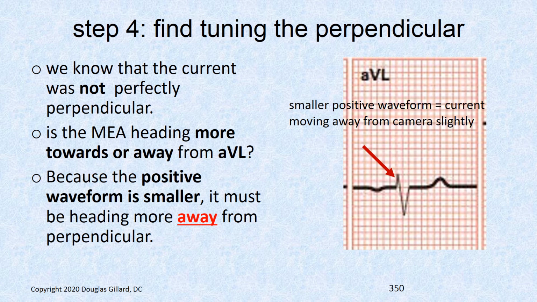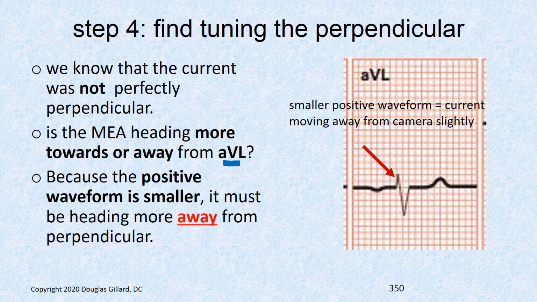But let's keep going. So now find the fine-tuning of the perpendicular. We know that the current was not perfectly perpendicular, but is the mean electrical axis heading more away or more towards AVL?